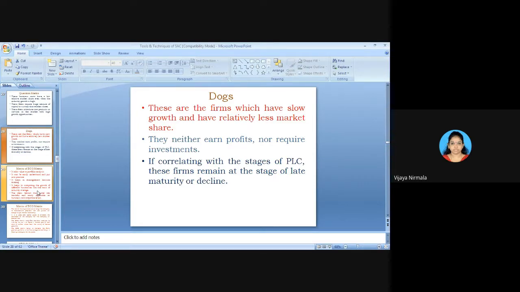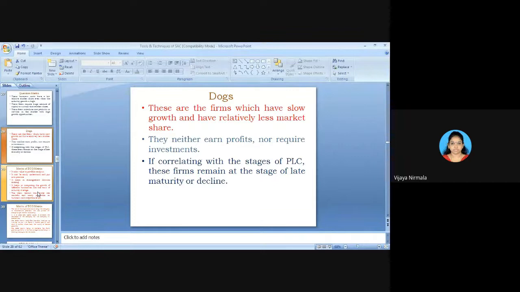In dogs, they do not earn profits, and they do not require investments either. So you don't get profits as well as you don't require investments also.